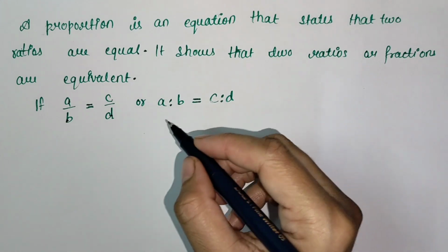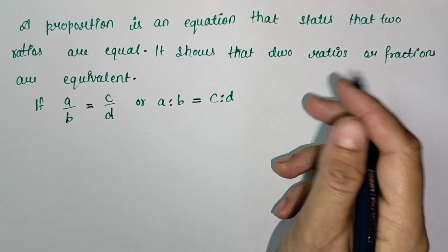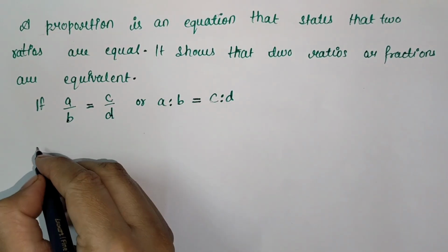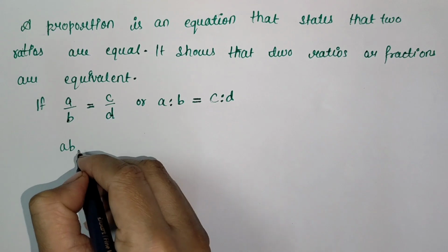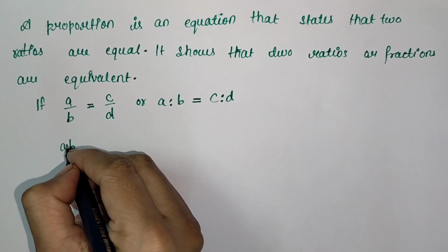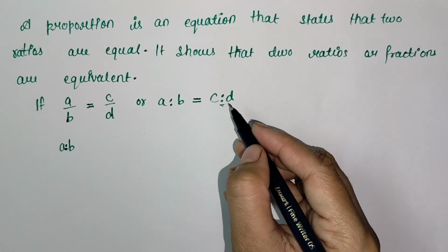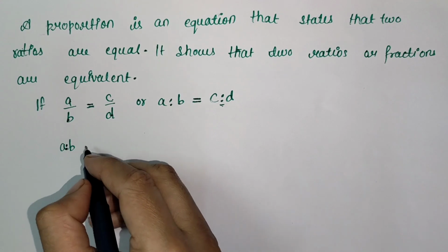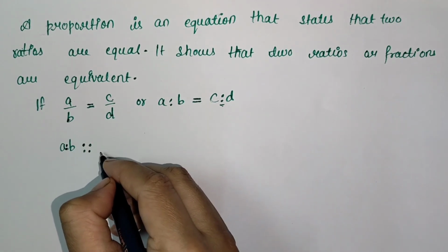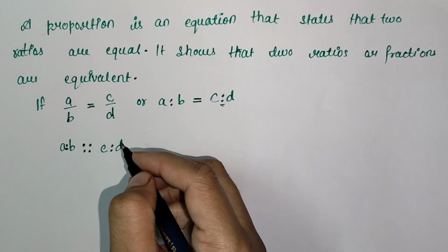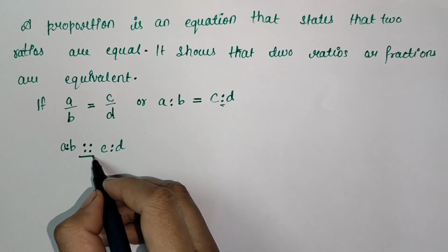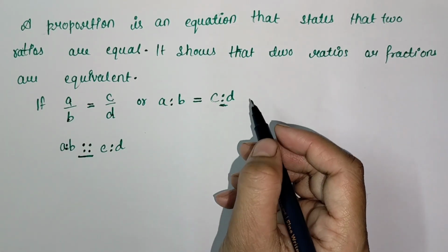We can say that A, B, C, D are in proportion. This can be written as A is to B, this sign is called 'is to'. So A is to B is proportion to C is to D with this symbol. This is proportion and this is ratio.